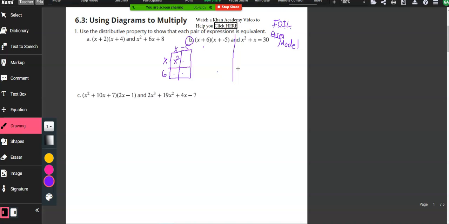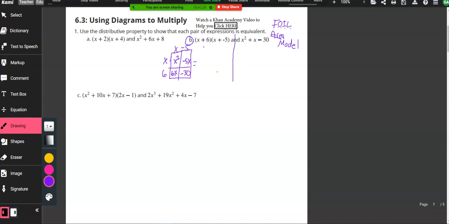This box down here, you look at 6 and you look all the way up here to the x, that is 6x. This one here is negative 5x, and this one down here is 6 times negative 5, that's negative 30.